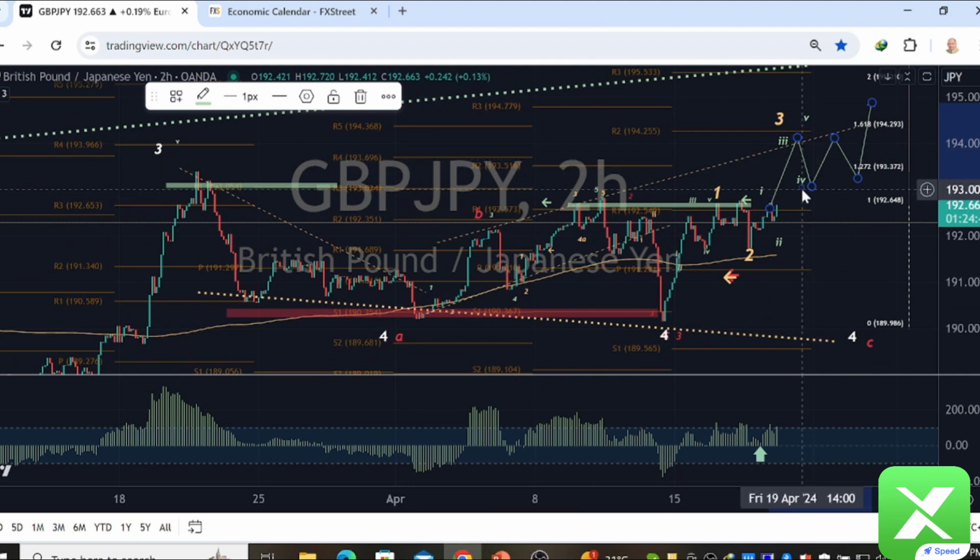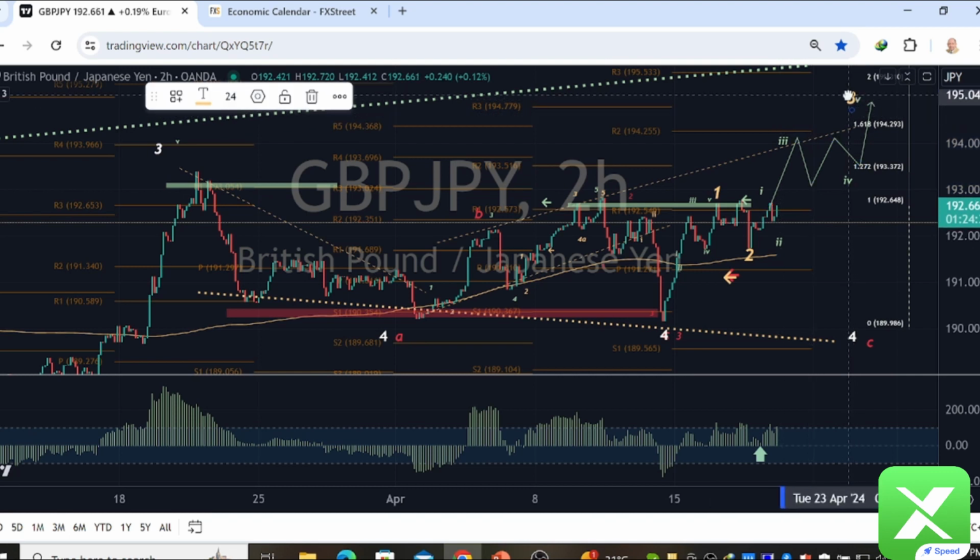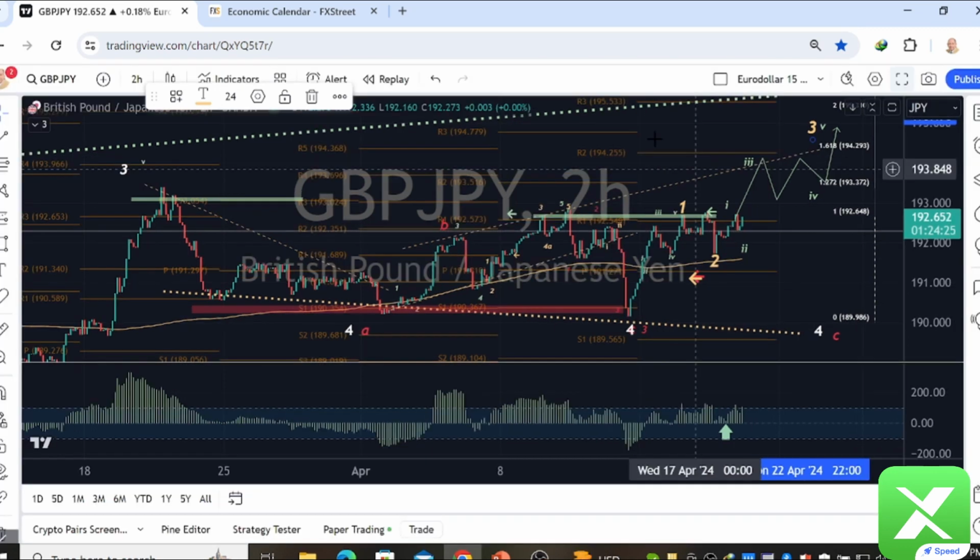Probably something like this should ensue. Of course, there's a forward shot, so it will show a higher target of maybe 195, but that is probably only next week. Most immediate target still remains 194.25.